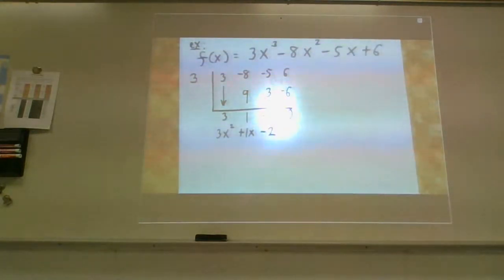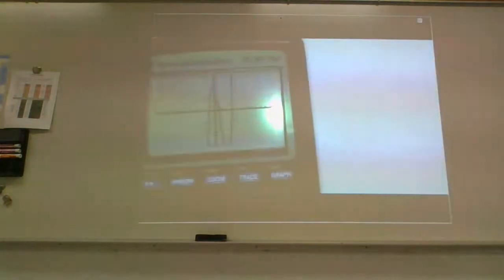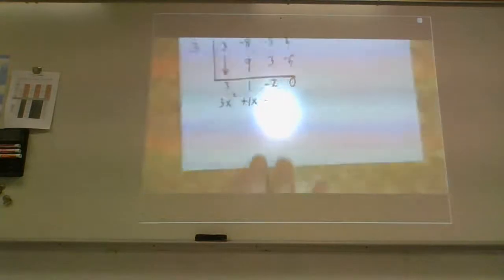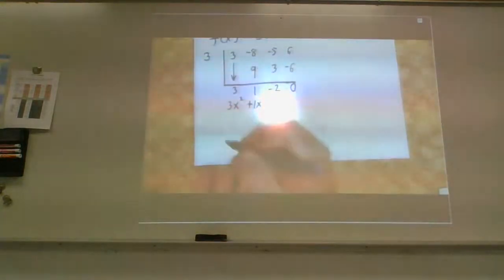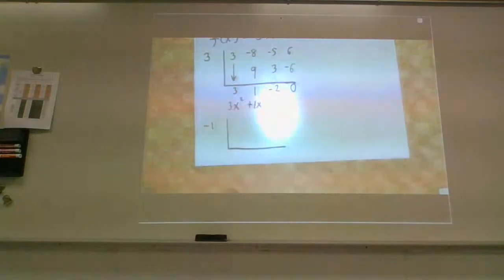The only way you are going to be able to continue with synthetic is if you are able to identify more zeros, which we think we do. We think -1 is going to work.